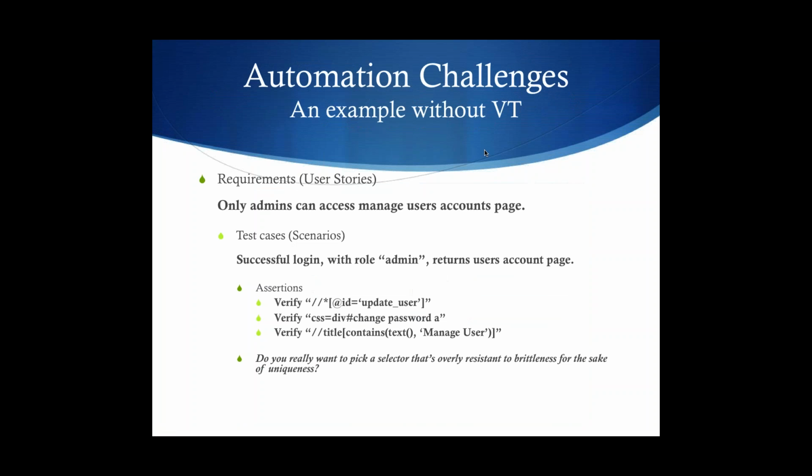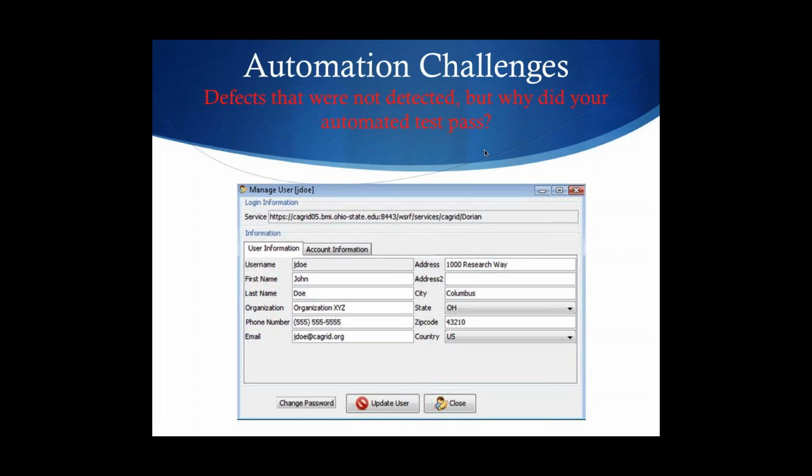However, because your assertions were written in that manner to be so unique, you didn't catch that bug. Yes, that element does exist, but unfortunately, those elements exist in the wrong location. So now you have a defect which was not caught.